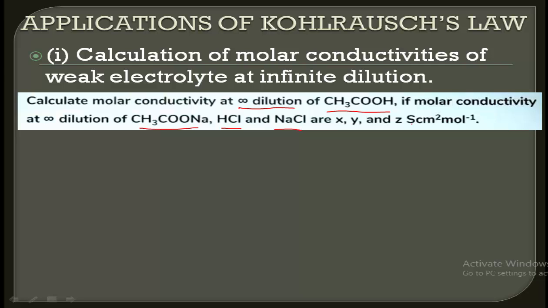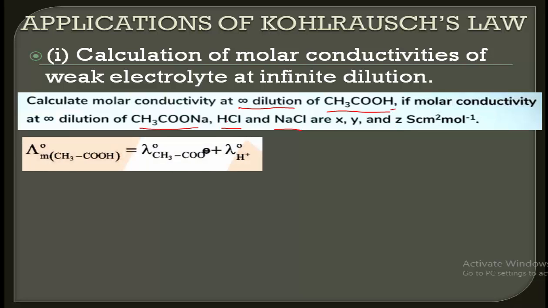You need to find the limiting molar conductivity of acetic acid, and they have given the molar conductivities of sodium acetate, HCl and NaCl as X, Y and Z. In general they have given the values X, Y and Z. You need to find the limiting molar conductivity of acetic acid. So what will we do?